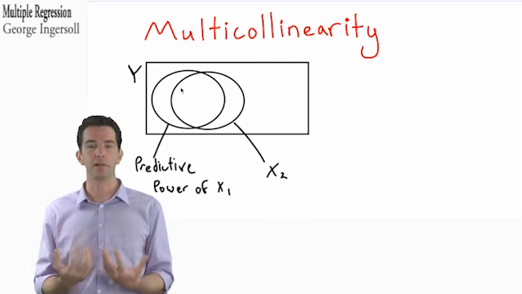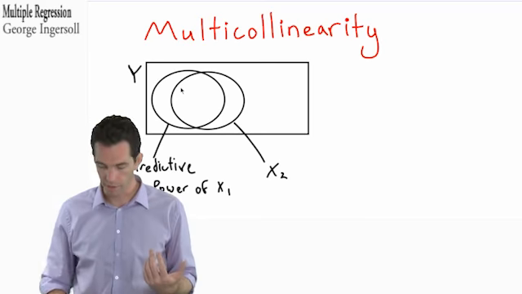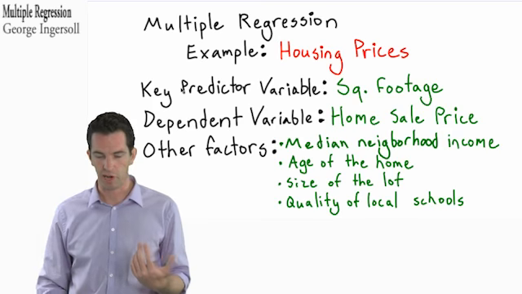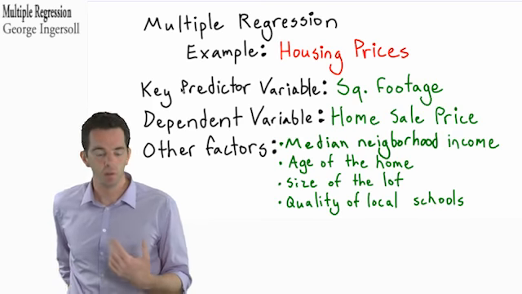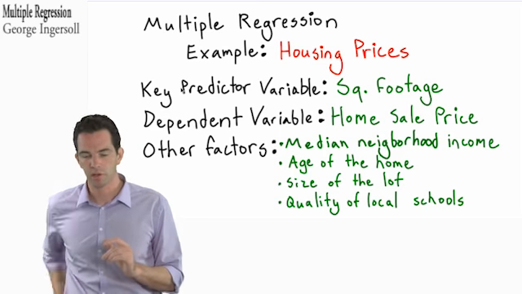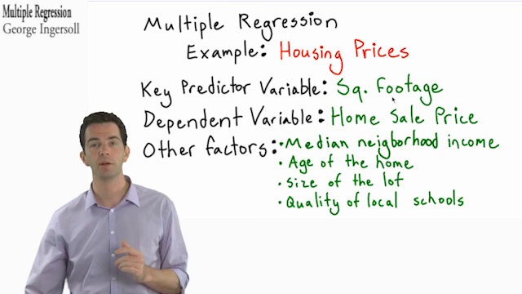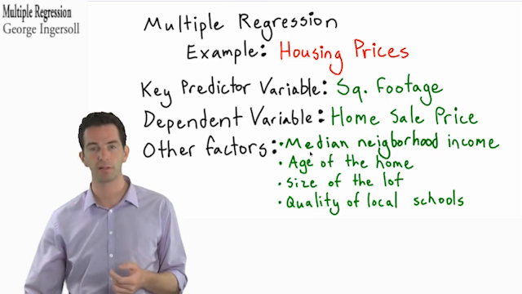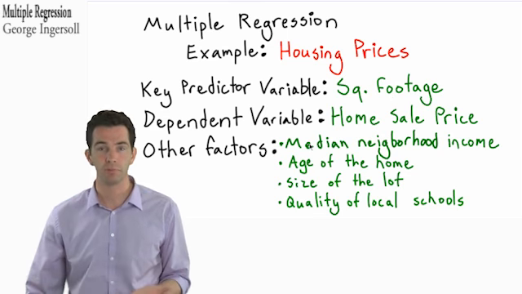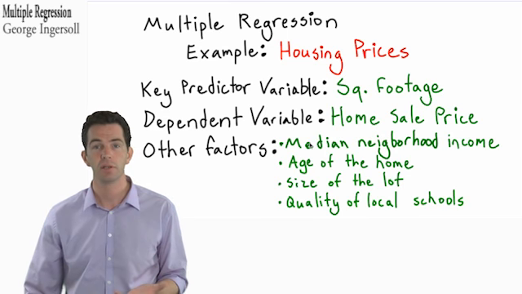A more subtle example: we could go back to our housing prices example and say, what if we ran something for square footage? Remember, this is our key predictor variable. This is the one we really care about. But then we also throw in another factor for the number of bathrooms that a house has.